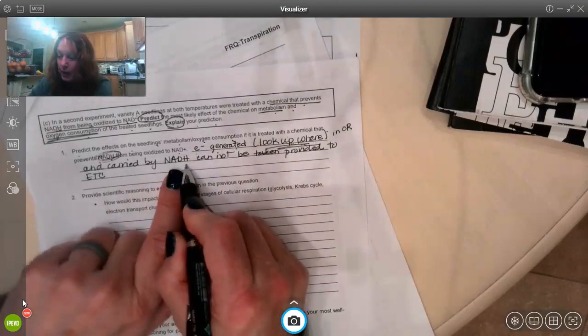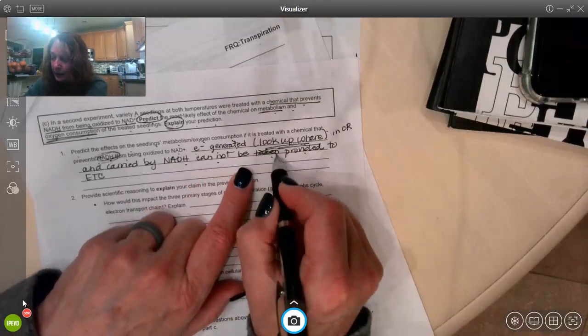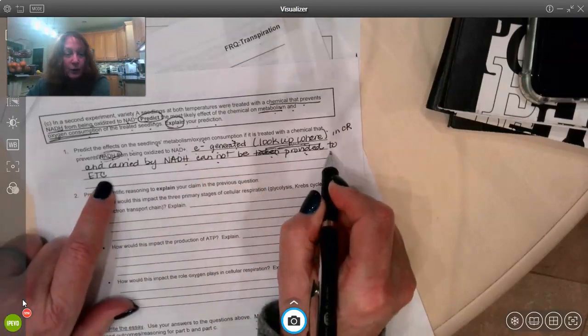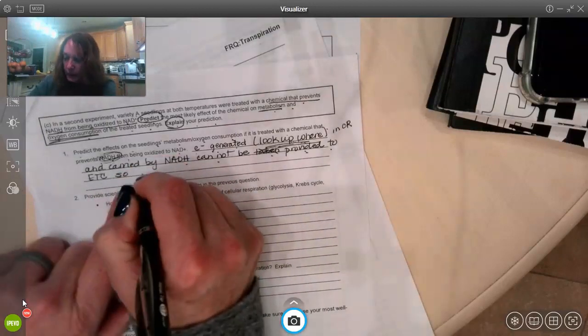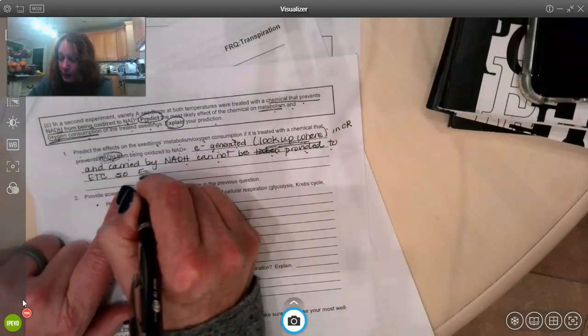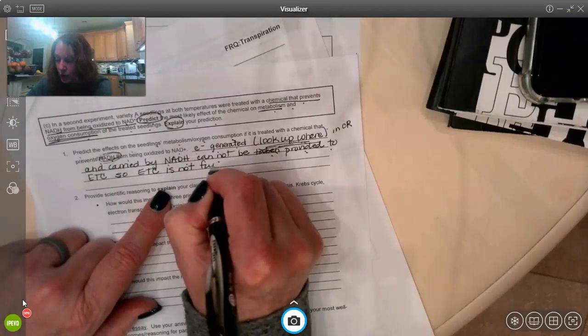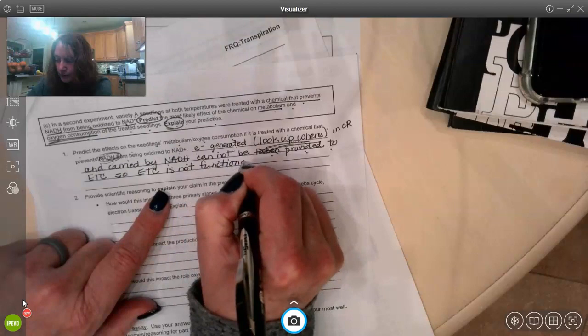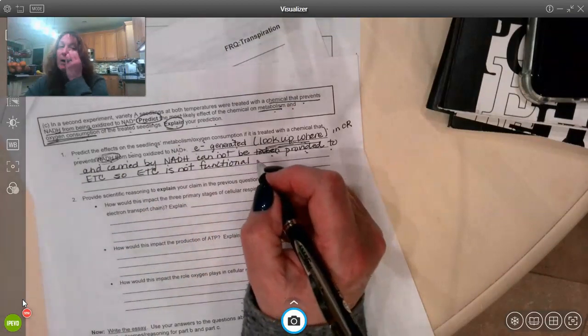Those electrons are carried by NADH. They cannot be provided to the electron transport chain. So the electron transport chain is not functional. It's shut down. It doesn't have any electrons to work on.